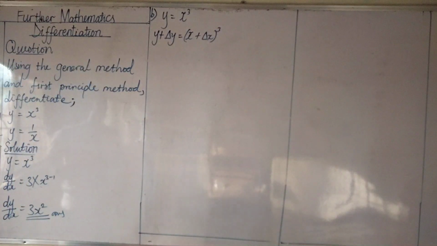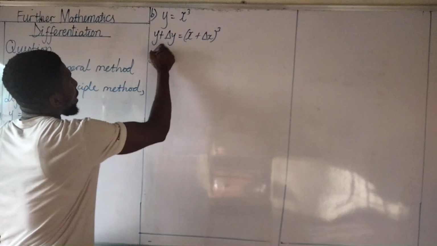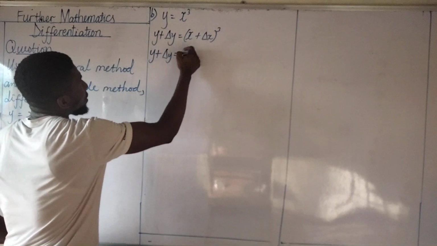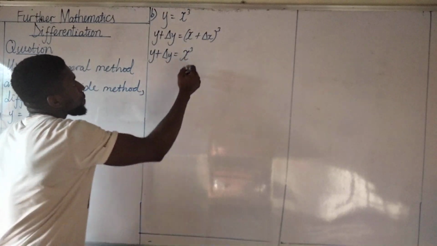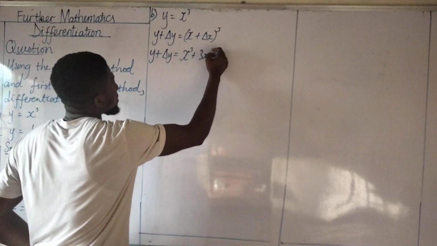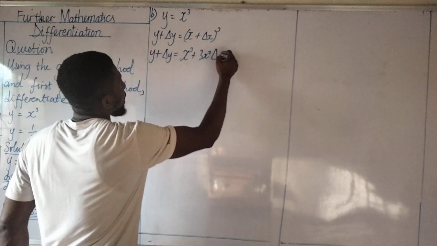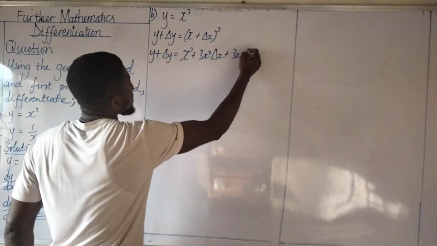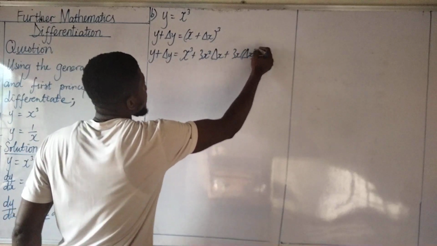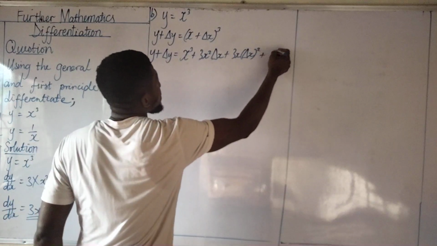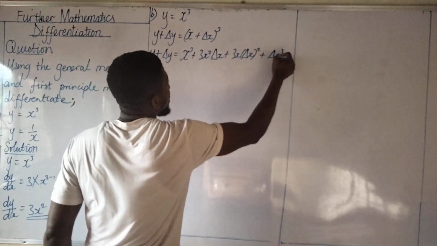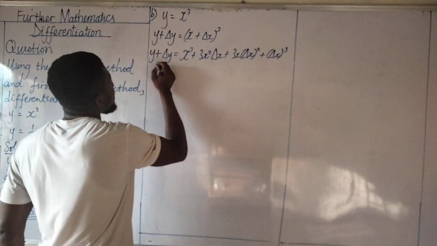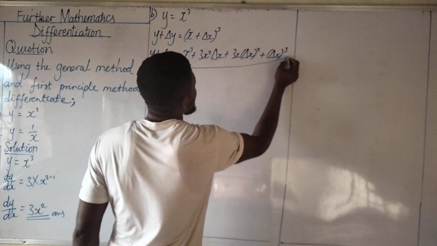Using Pascal triangle to expand this, we are going to get y plus change in y equal to x cubed plus 3x squared change in x plus 3x change in x all squared plus change in x all cubed. So it's time for us to transpose our y over to this side.